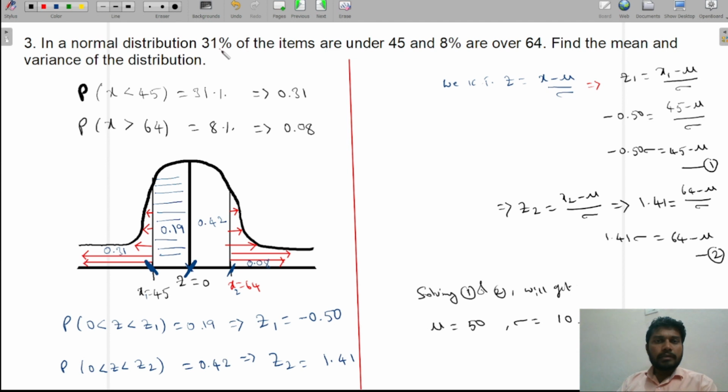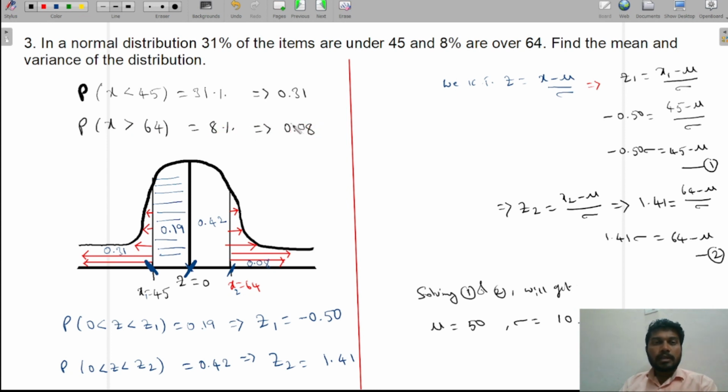So given in the question, 31% of the items are under 45. So we can denote it as P of x less than 45 equal to 31 percent, which is nothing but 0.31. And also given, 8% are over 64. So P of x greater than 64 is equal to 8 percent, nothing but 0.08.